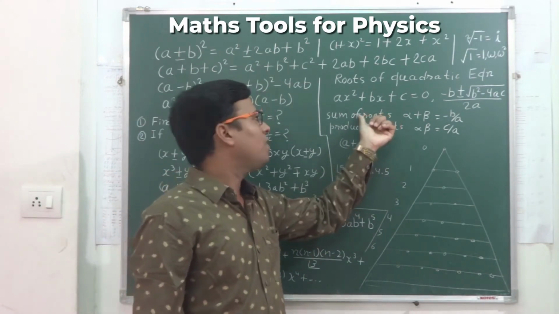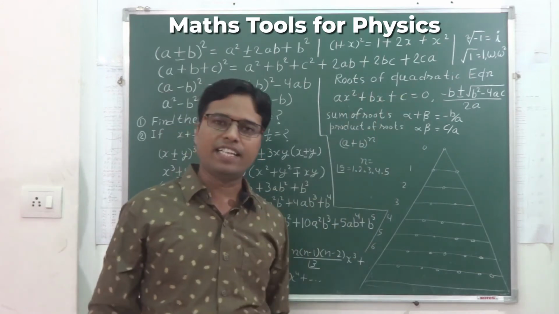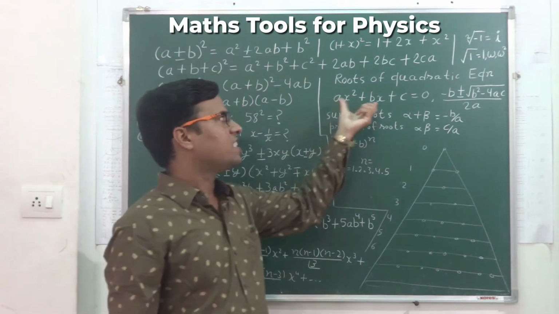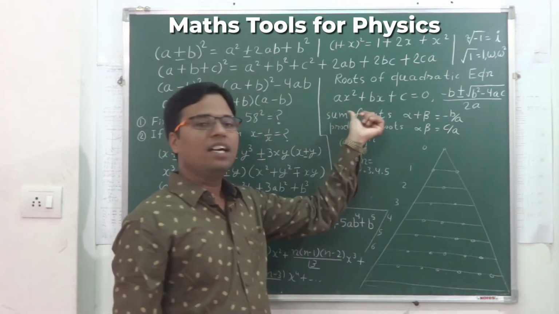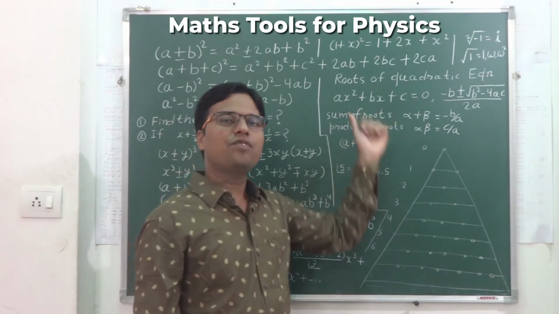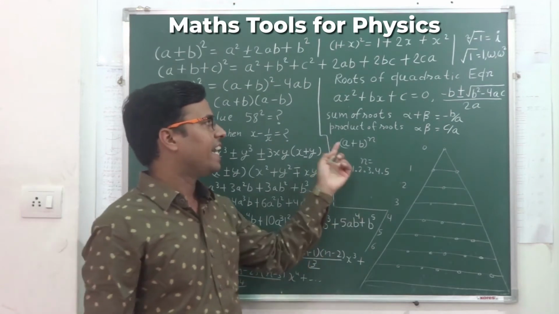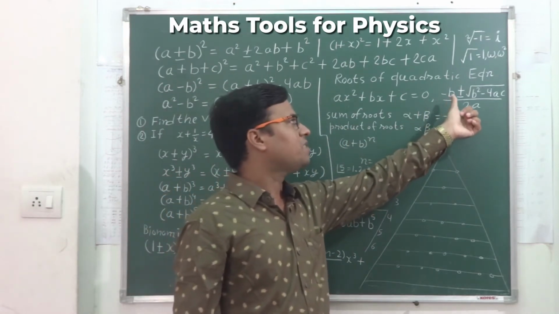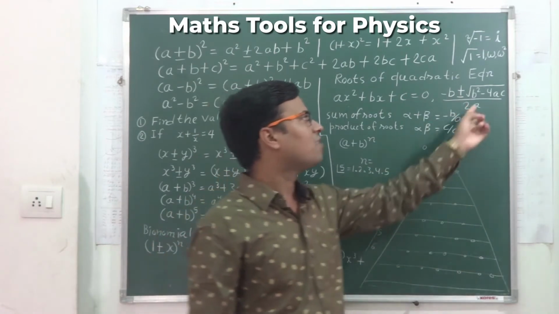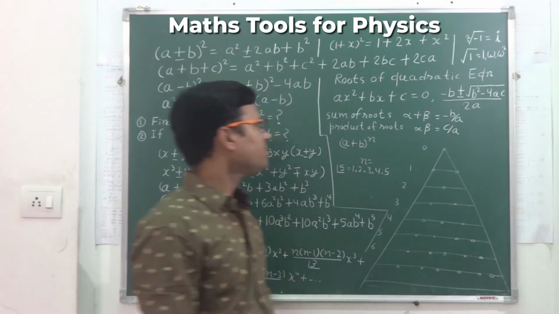The maximum power of x here is 2, so it is known as a quadratic equation. Such a function is also known as a polynomial, where the maximum power of x is n. The roots of a quadratic equation can be calculated by this formula: x = (-b ± square root of (b^2 - 4ac)) / 2a.